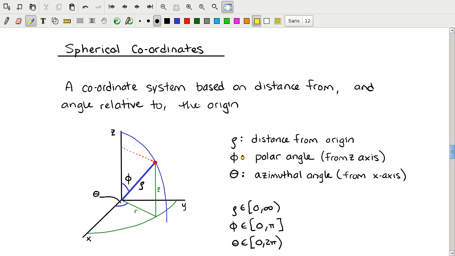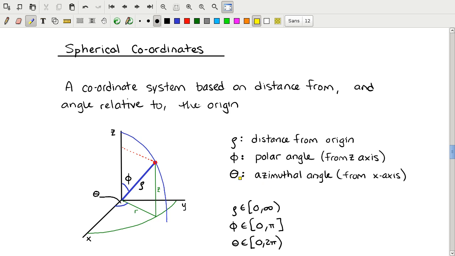Latitude is an angle measured relative to the equator. It would be basically 90 minus latitude, essentially. So it is 0 at the North Pole, it increases to pi over 2 at the equator, and it increases down to pi at the South Pole, and it does not exceed pi.